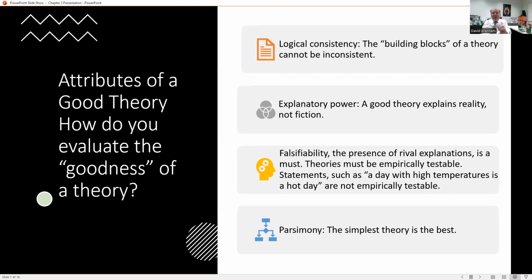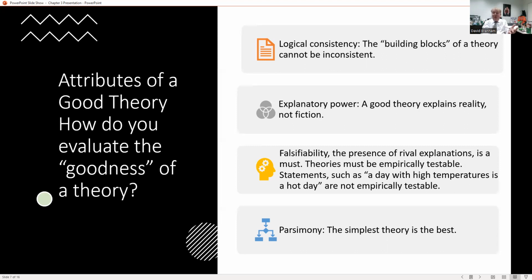Of course, it's a perfect correlation. The higher your temperature, the hotter the day, because one is a variable of the construct itself. The construct being a hot day, the temperature being the variable that measures it. So that's not a good theory. Good theories have rival explanations that need to be tested. If you don't have rival explanations, then the theory is just not a good theory.